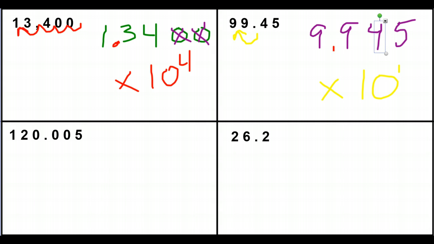Now, I said before you started working to consider how the zeros in 120 and 5 thousandths might be different from the zeros you saw in 13,400. And in this case, we want not only the 0, we want not only the 1, 2, and the 5, but we want all the digits 1, 2, 0, 0, 0, 5. Because even in decimal places, the zeros become significant if there is another digit off to their right.